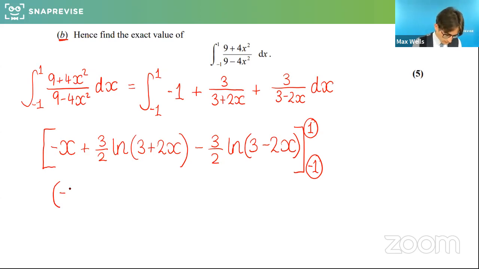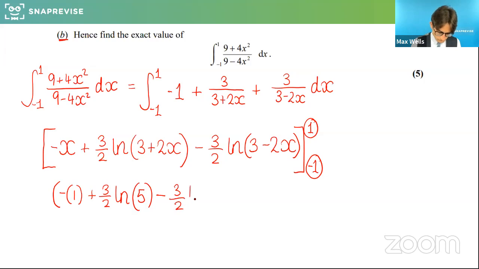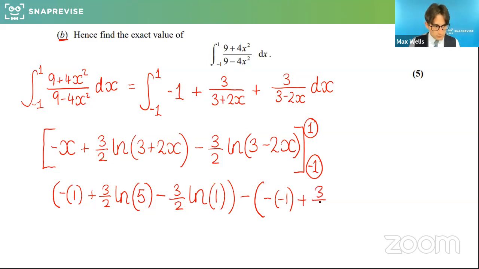So we put 1 in: -1 plus 3 over 2 ln of (3 plus 2 times 1), so 5. Then I'm going to minus -1 subbed in, so -1.